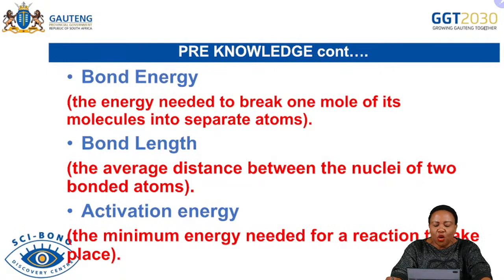Then we looked at activation energy, which is the minimum energy required for a reaction to occur. We explained that without sufficient activation energy, no chemical reaction will occur, because activation energy provides effective collision of particles.